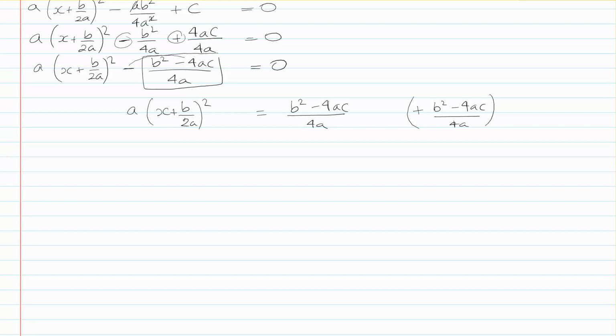Then I'm going to divide by a, because I've got this factor of a here. So I'm left with (x + b/2a)² equals (b² - 4ac) over 4a². So I divided by a, which means it's another factor of a on the denominator.